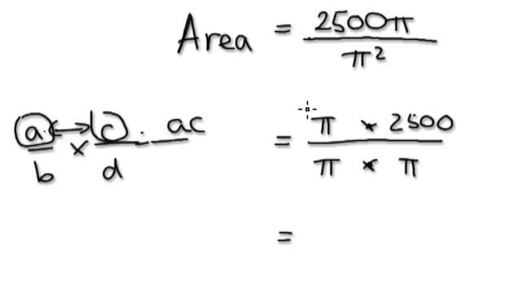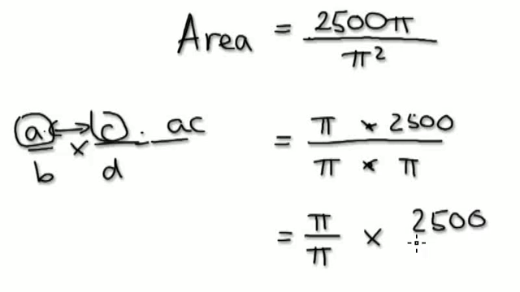And then I'm going to split this fraction up, so it looks like this: pi over pi times 2500 over pi.